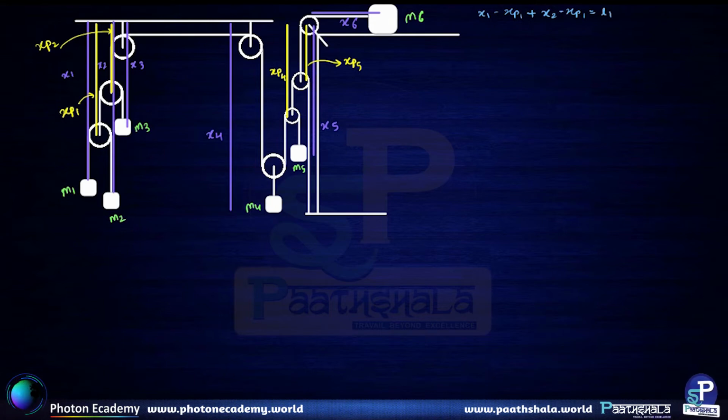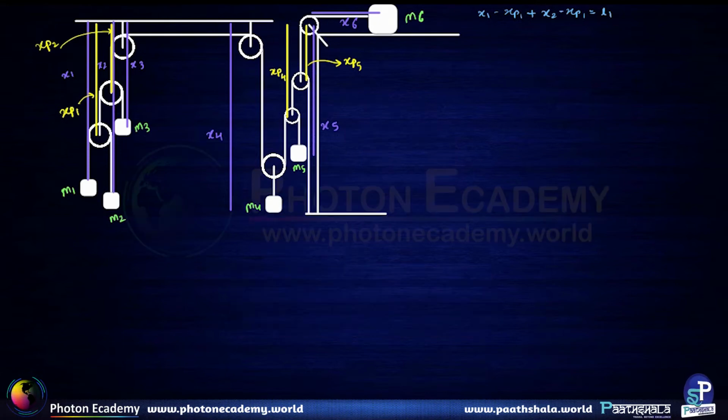Okay, now for the length of string 2, it is apparent that this much part is going to be given as xp1 minus this much part, which is xp2, and this much part is going to be given as x3 minus xp2.